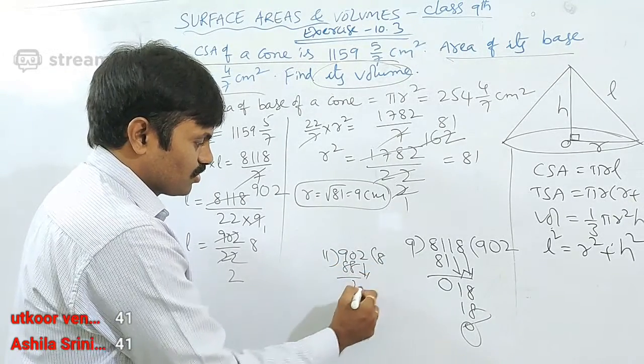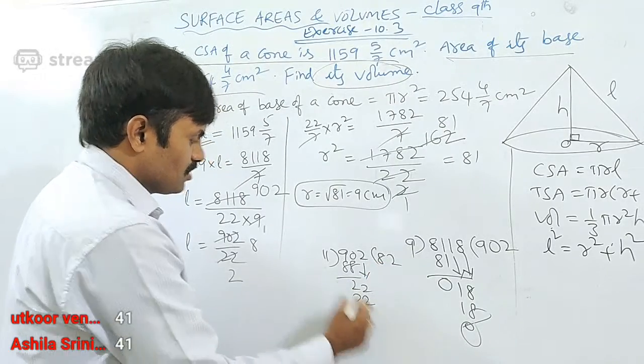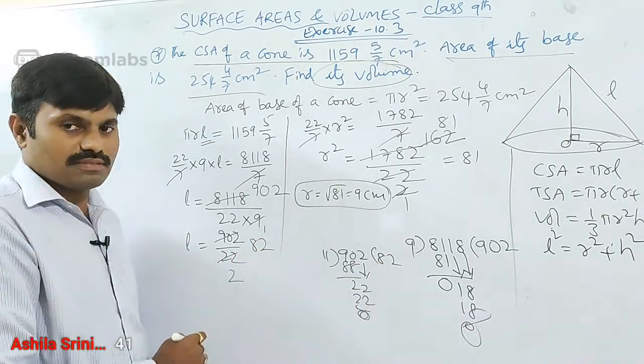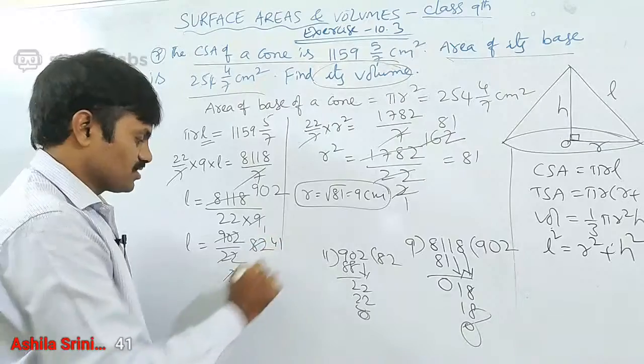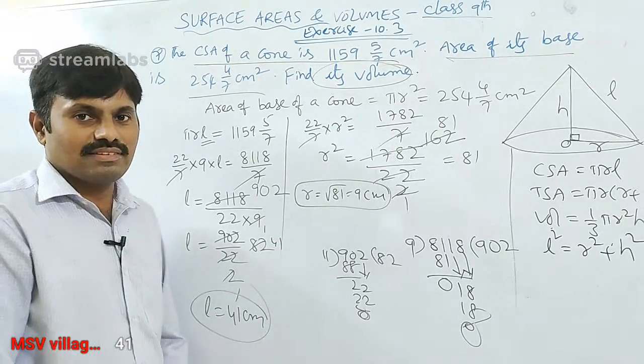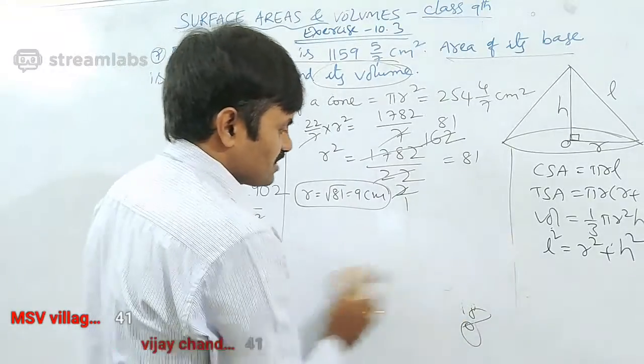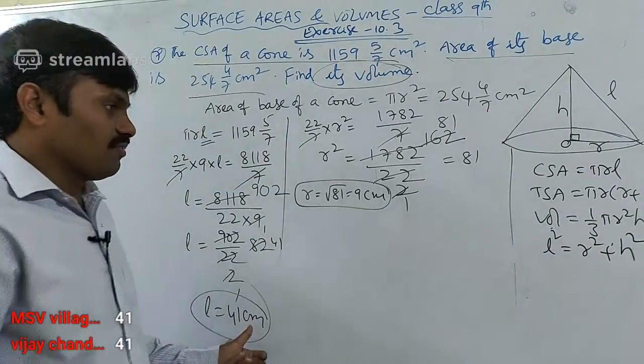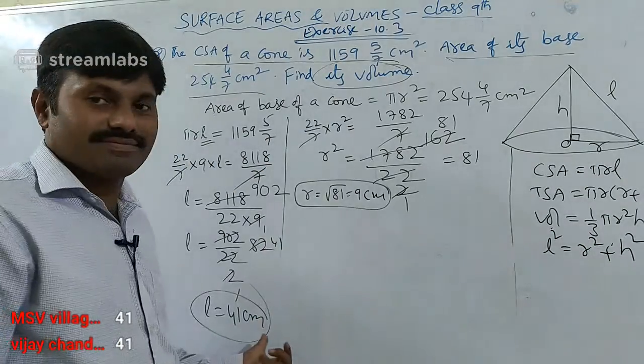The difference is 22, 11 2 is 22. So 82 times. So finally the l value is 41 centimeters. Now we found the values of l and r.